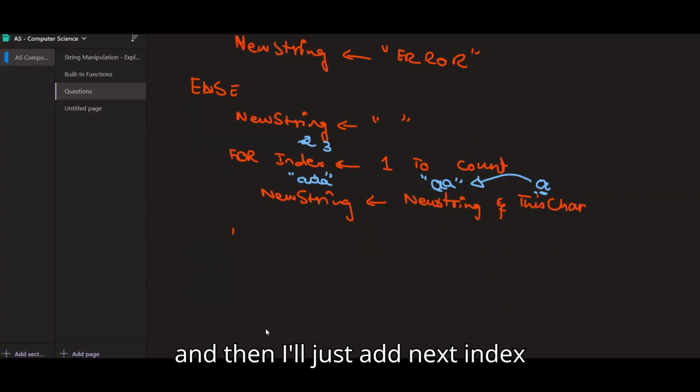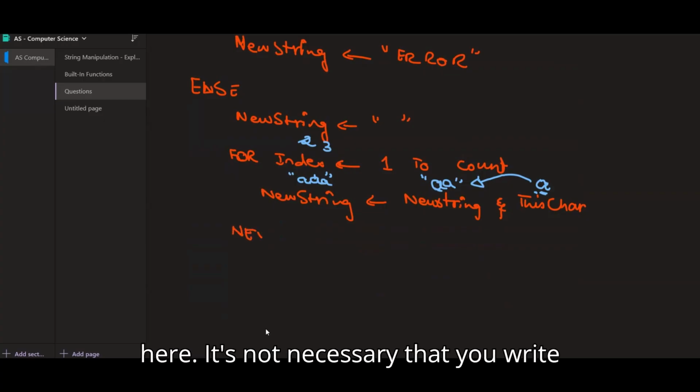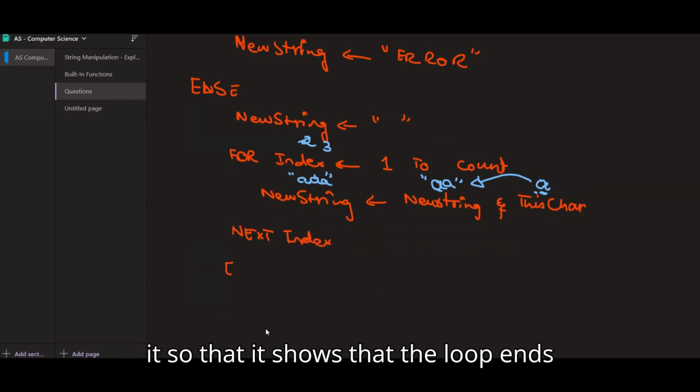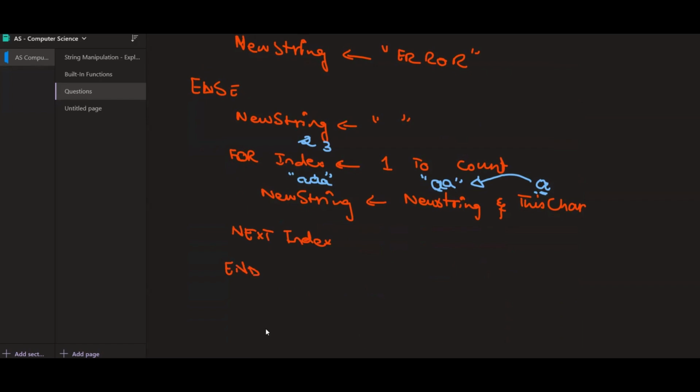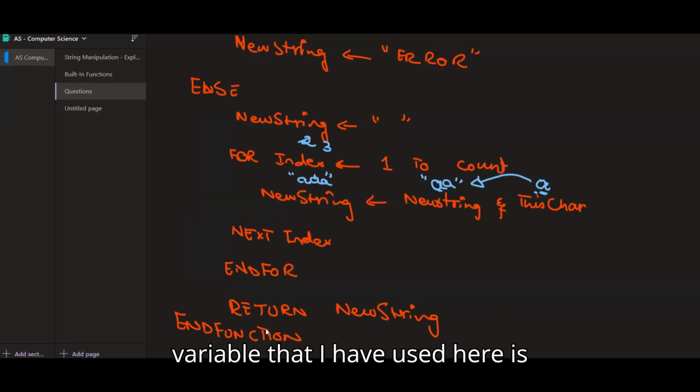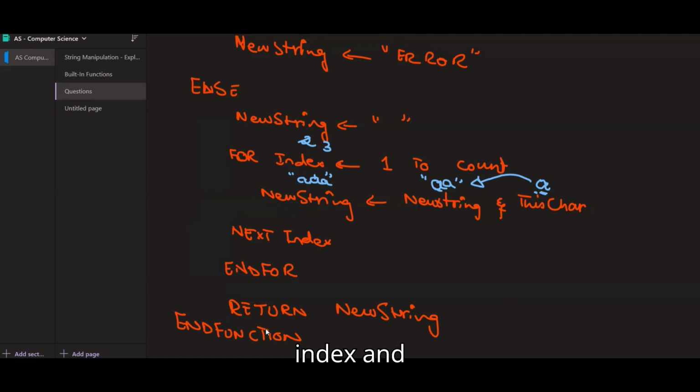And then I'll just add next index here. It's not necessary that you write end for, but just in case, write it so that it shows that the loop ends here. And then at the end, I'm going to return new string and then end function. Now the only variables that I have used here are index and new string.